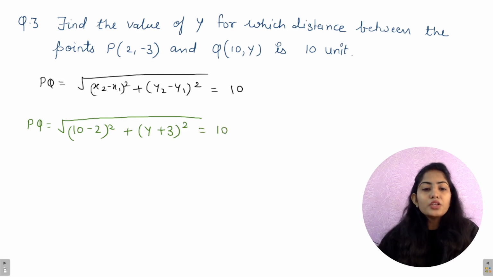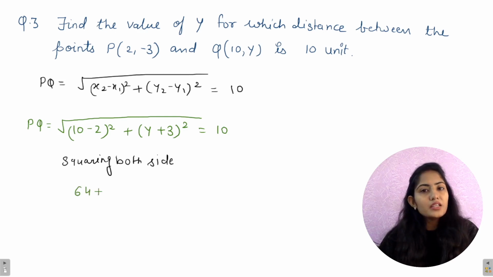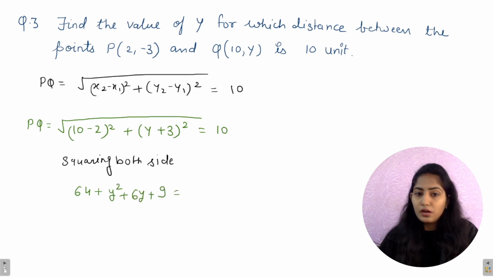So we are going to do squaring on both sides. So I am doing squaring on both sides, and from this we have to find the value of y, right? Okay, so let's do it. After squaring we will get the square of 8 is 64. Okay, and we will use the identity again, (a plus b) whole square, that is y square plus 6y plus 9, and that is equal to 100.